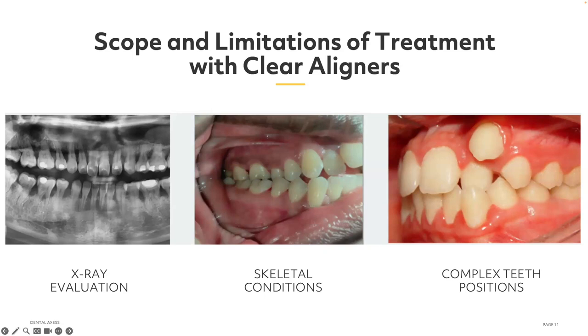Then we have complex teeth position. This is something that needs to be evaluated, because this is one of the examples that happens the most: the ectopic tooth. If we have an ectopic tooth, and an aligner is just one unit, the aligner cannot go all the way up to that canine, for example.